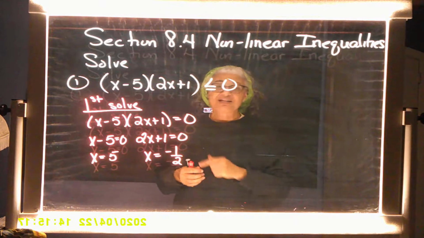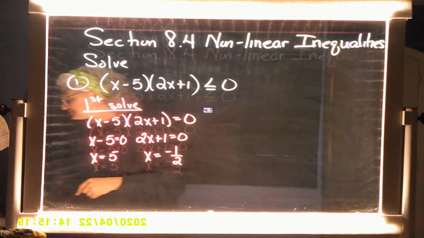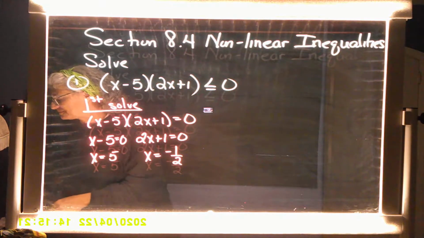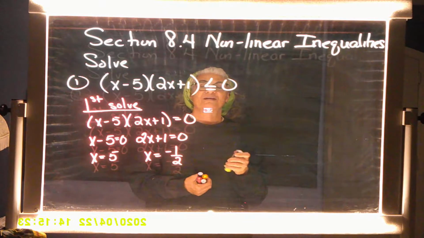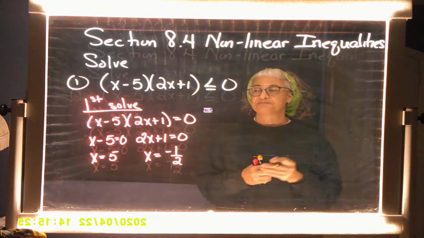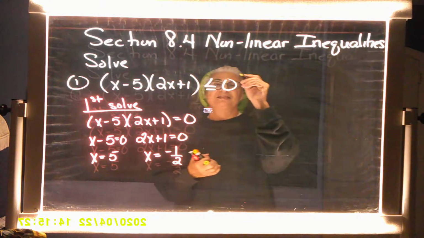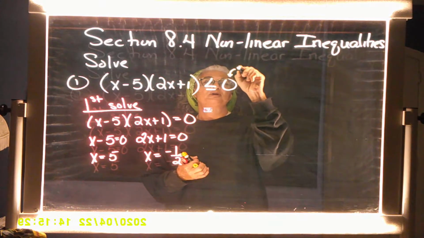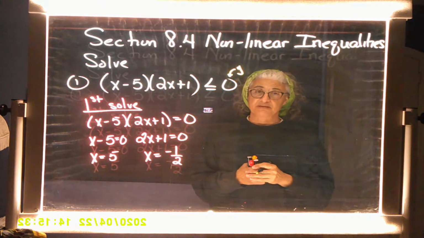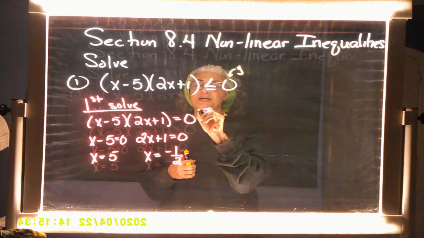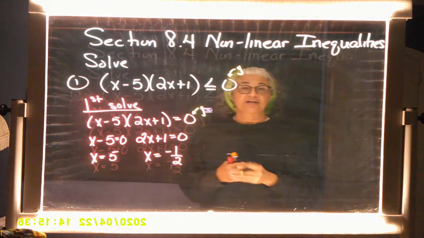Now, you may not see it, but it's there. Do you notice? This side would have been where the y was. This would have been your y value, correct?